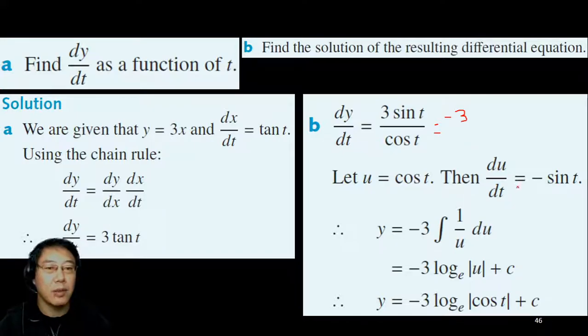And the denominator is going to be u. We factorize the negative 3 outside after we applied the integral on the whole expression. That is the definition when you anti-differentiate: log of e of u as a modulus. We don't know the sign of it, so we just leave it as a modulus, and we substitute u by cos of t, and that's your final answer.